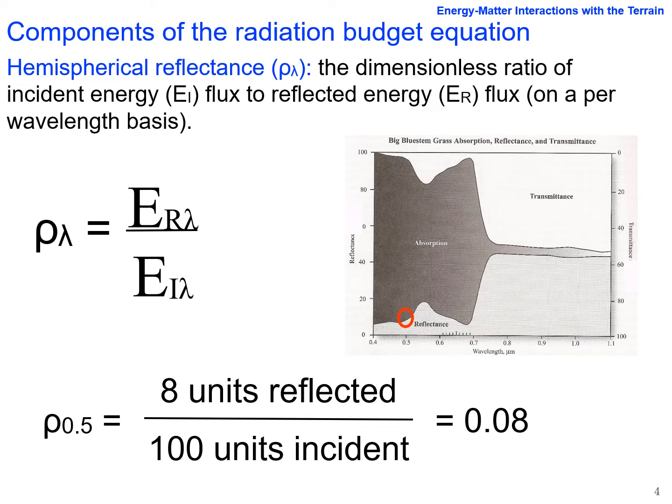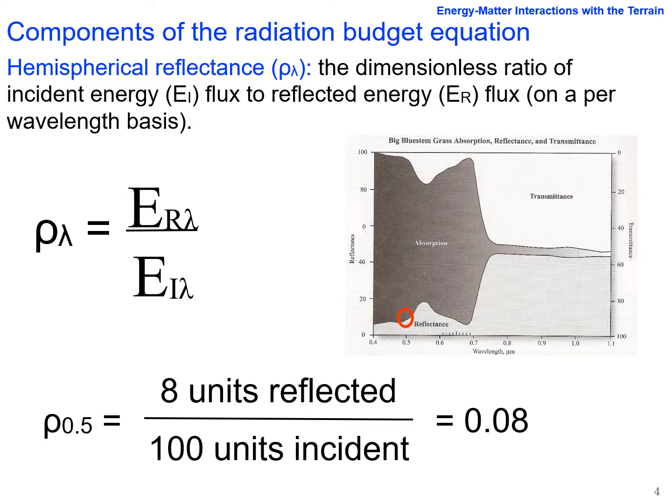So rho lambda is equal to the energy reflected at a wavelength over energy incident at a wavelength. So if you have 100 units incident, so scaled to a percentage, and 8 units are reflected, then the rho or reflectance is going to be 0.08.